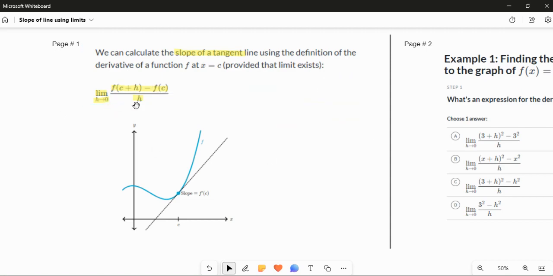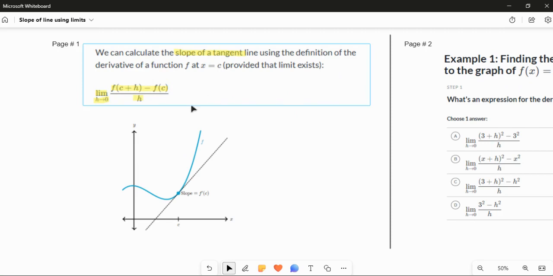So the formula to do this is, well, using our function f and our value of x, c, adding a new value h. So f of c plus h, this new value, minus the original function divided by the added value h.